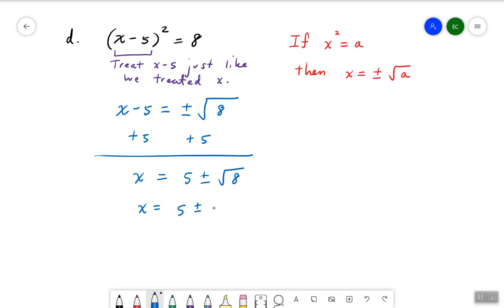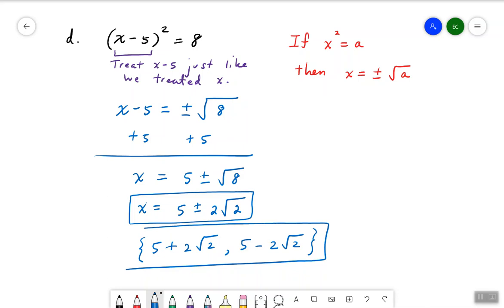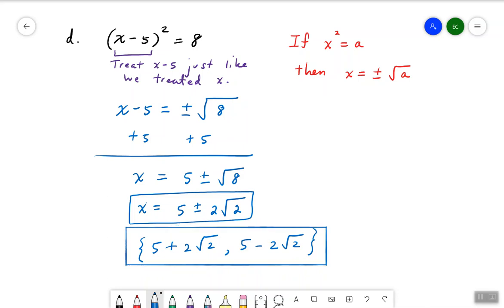So the square root of 4 is 2, and then the square root of 2 just gets left behind. So here is our solution, and again, we could write it in set notation. Two solutions to this problem.